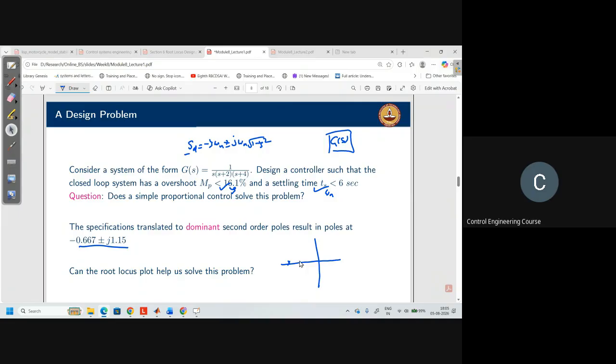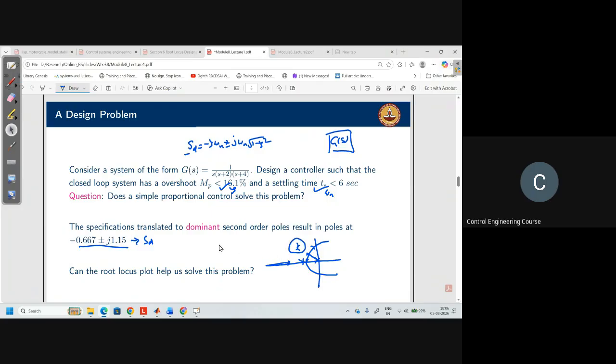For this we can say easily, it will be something like this, right? This is the root locus. First you should draw a root locus, and then check the location of this s_d, that is the dominant pole. If this dominant pole directly lies on the root locus, something like here or here, then you simply find the K corresponding to that point. If you get this K, that means this K is enough for you.